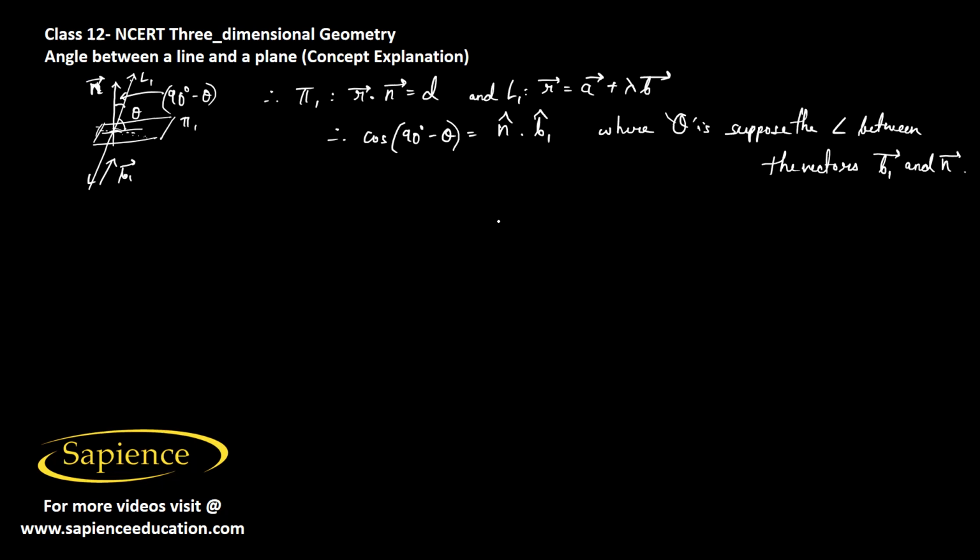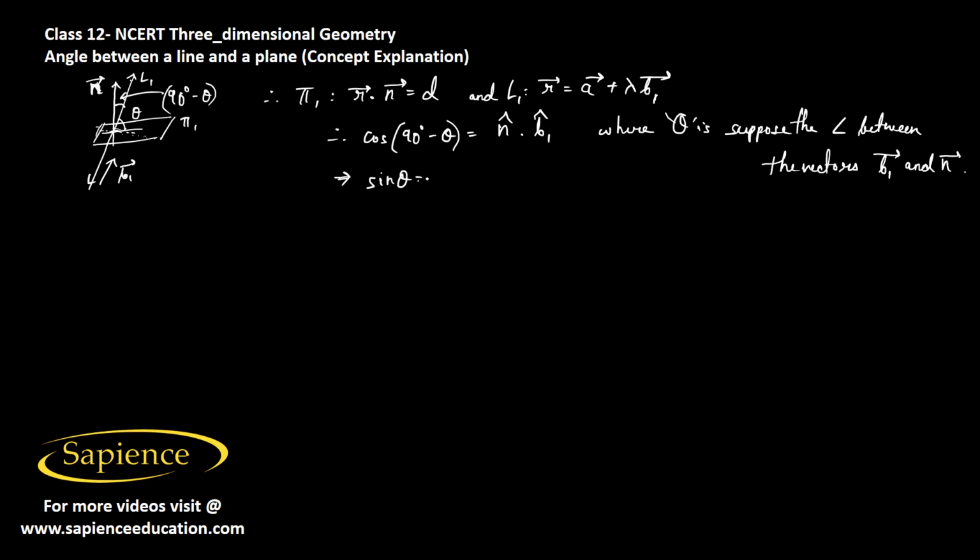Sorry, this is not b1, this is b. Or else we can take the equation of the line as a vector plus lambda b1 vector. So the line is parallel to the vector b1, so then cos 90 minus theta will be n cap dot b1 cap. So cos 90 minus theta is sine theta.